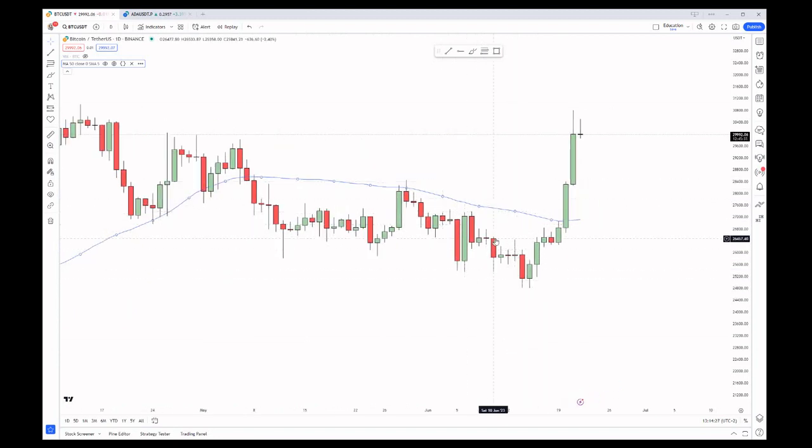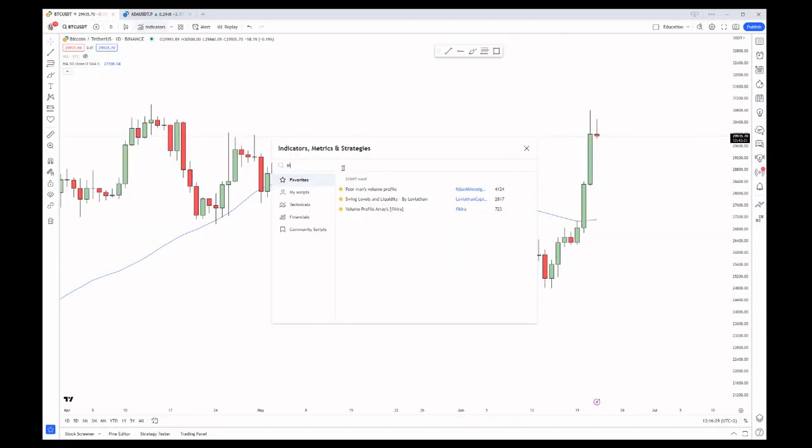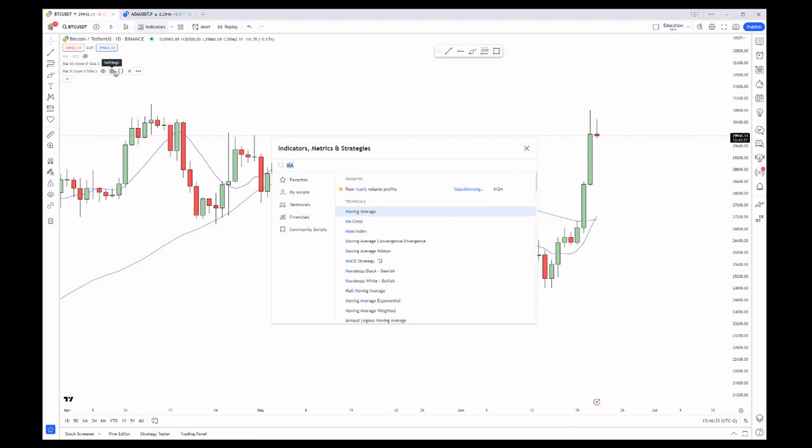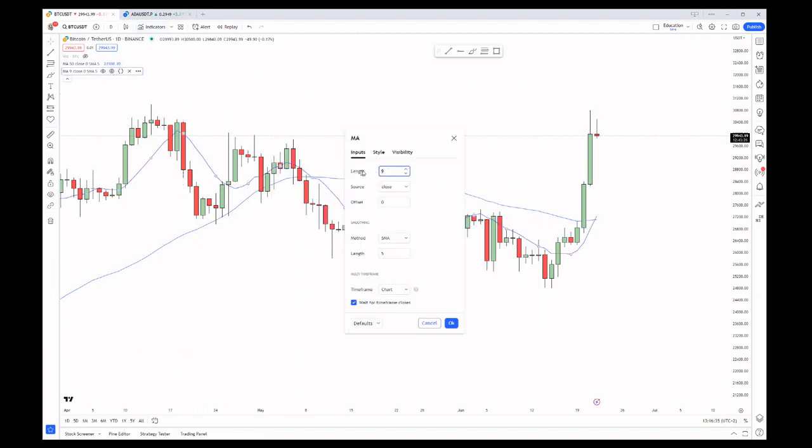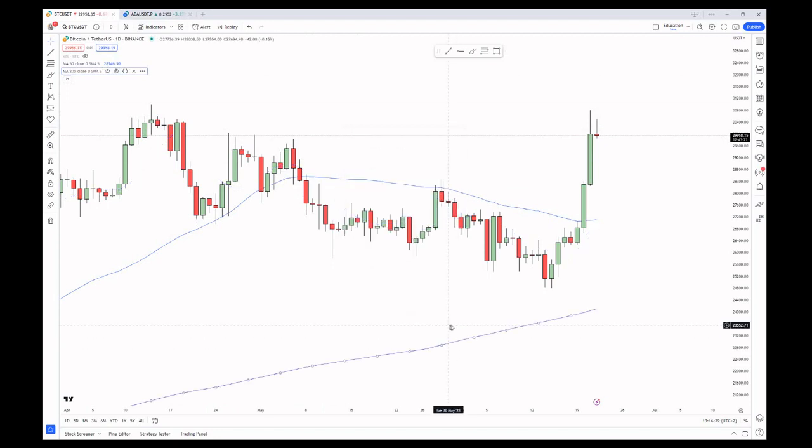So what does this tell us, and how can you use it? Moving averages are mostly used to find support and resistance areas, and what I'm adding is another moving average. Most of the times you'll see the 50, the 100, the 200, and the 21 that are used.